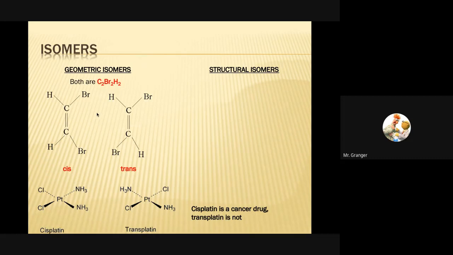In this example, we have another isomer of platinum. We have cisplatin and transplatin. Cisplatin is a cancer drug that's used in fighting cancerous cells and tumors. Transplatin is not.